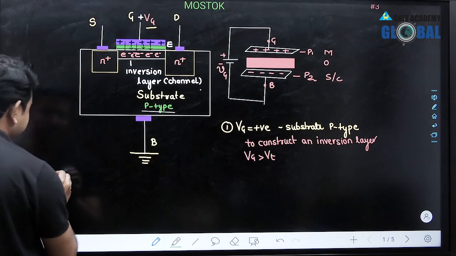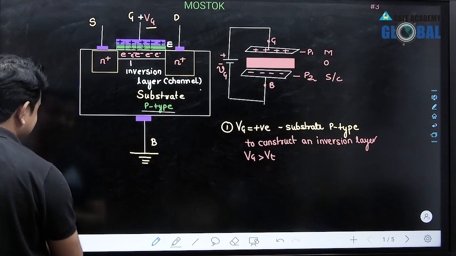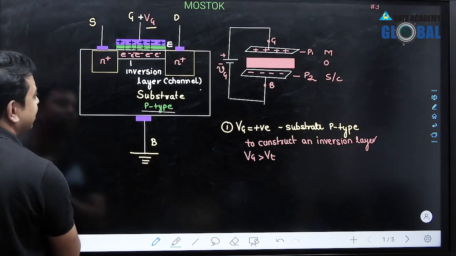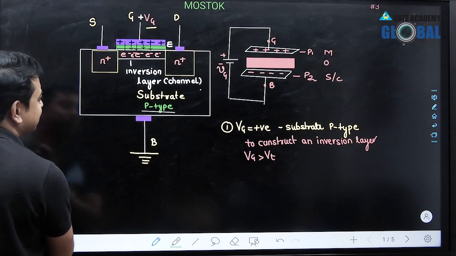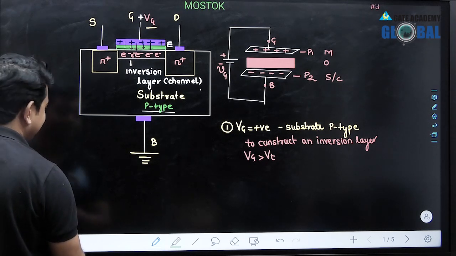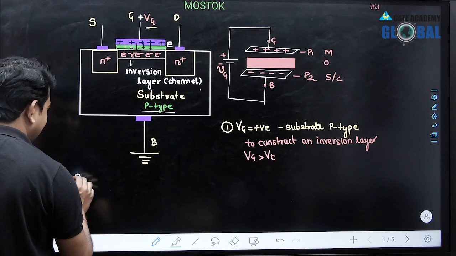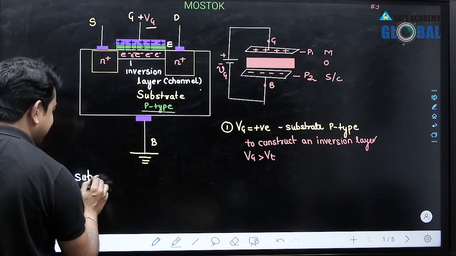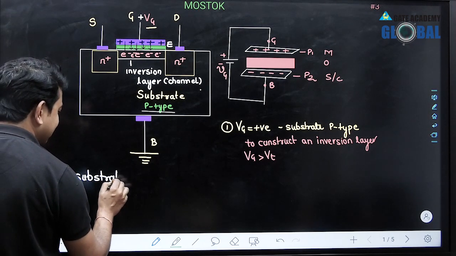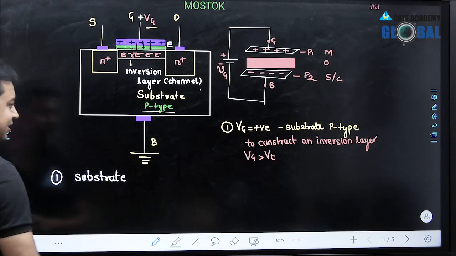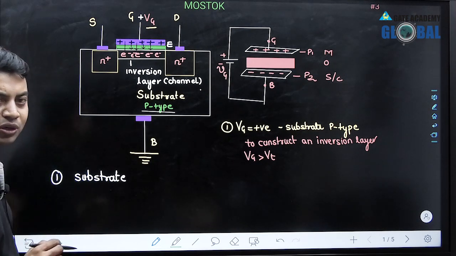So I want to tell you certain points. The first point is, whenever we are watching a MOSFET and we want to analyze it, the first thing you must observe is which type of substrate we are taking. This substrate is very important to understand whether we are working in PMOS or NMOS.